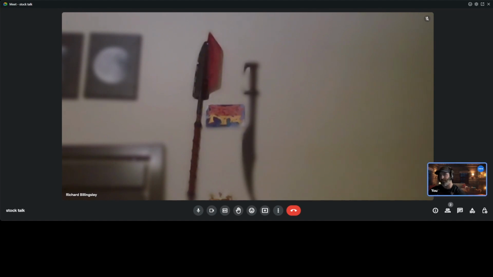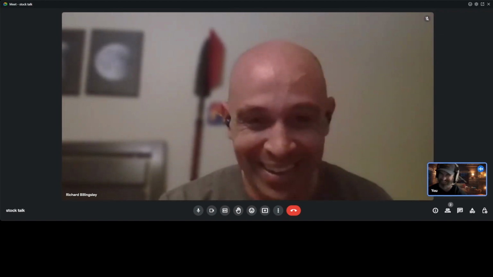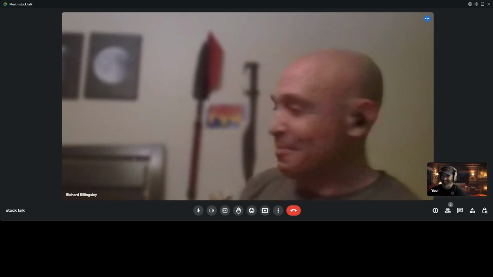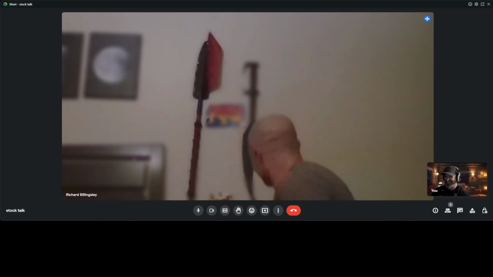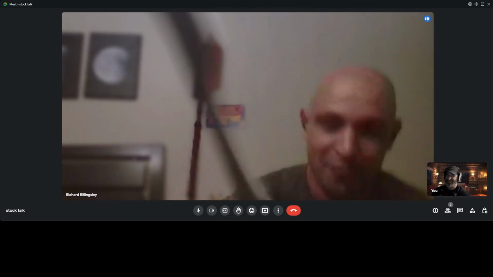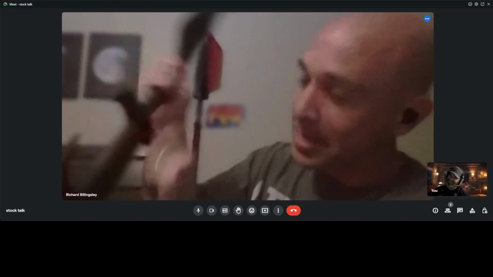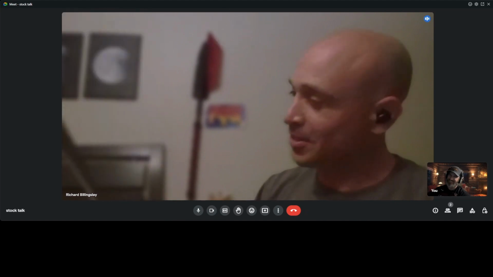Rich has got a badass sword in the background there, and a spear. I think on the weekends, Rich does boar hunting. Oh, there he is. That's my Spartan sword. This thing is actually fully forged. It's an actual sword. This isn't a replica.